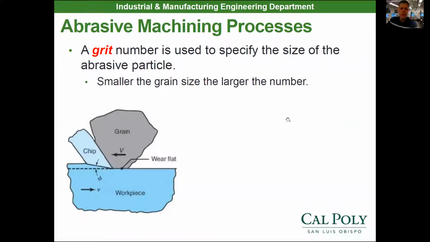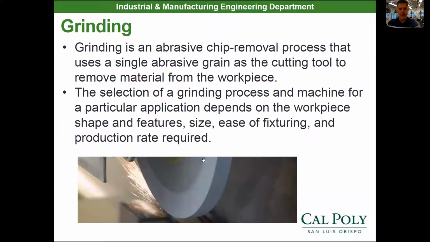Those irregularly shaped particles just remove a chip from the workpiece. You also remove some of the particles from the tool or wherever it's bonded. So you will lose some of your wheel size, or as you use abrasive paper, it starts to wear off those abrasives.